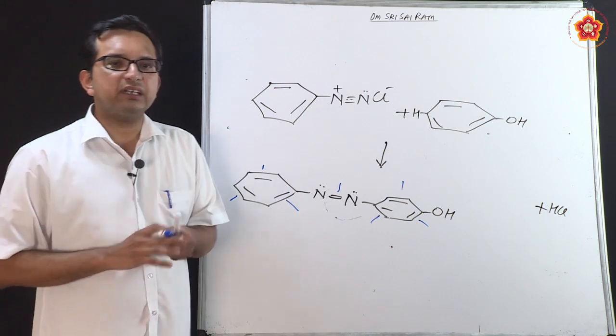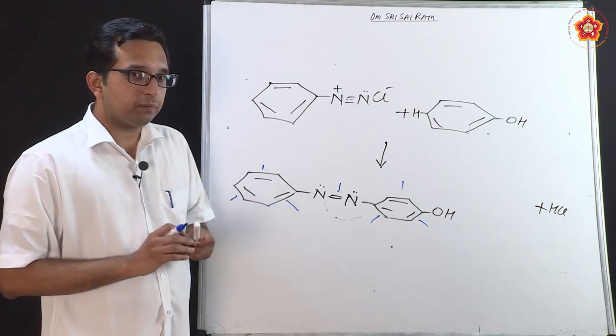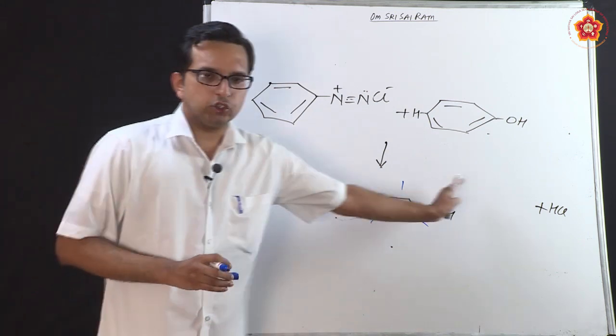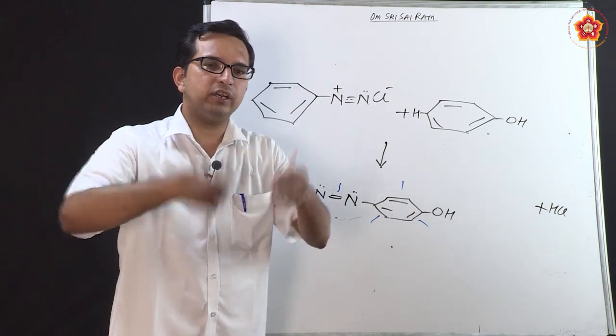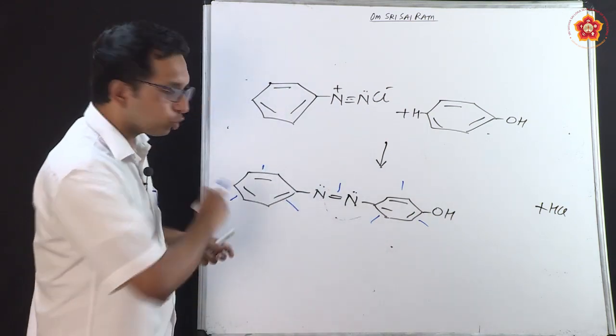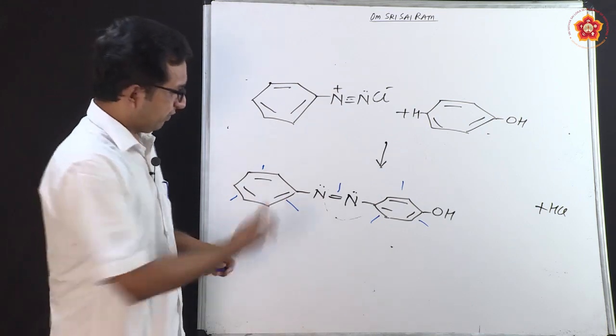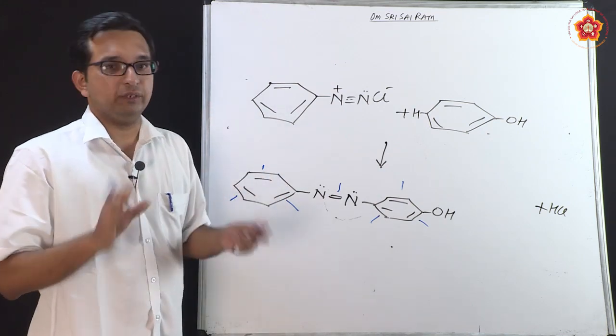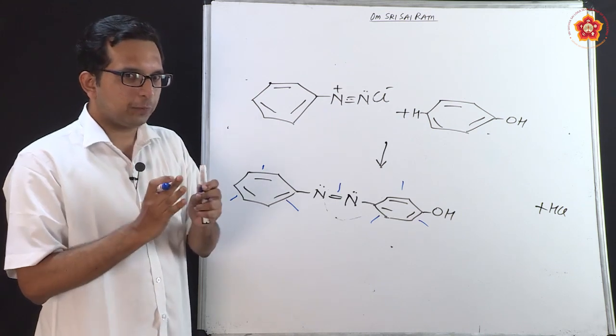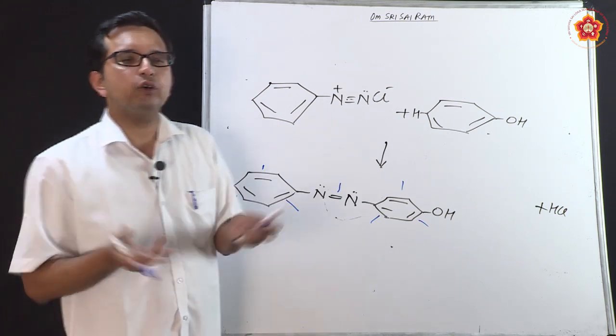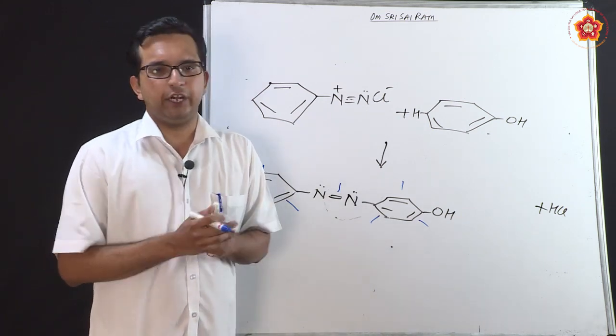So what I would like to present here is that a large conjugation where alternate double bonding structures are present, those types of compounds give very good intense color, and that is what is utilized in the formation of dyes. So that physical property gives you very good dye formations for our day-to-day utility.